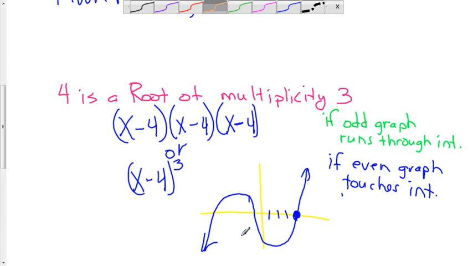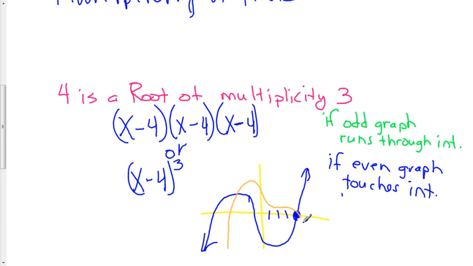Or it could even go the other way. It really doesn't matter. But just know that if the multiplicity is odd, it runs through the point.